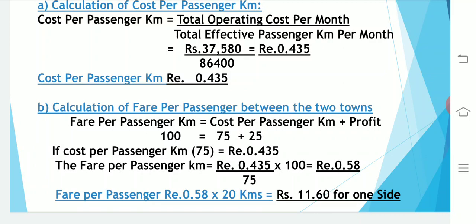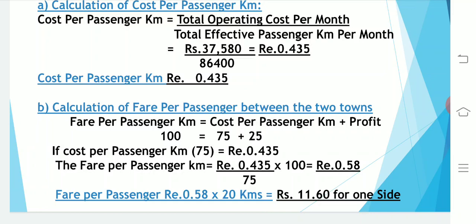Next we will calculate the fare per passenger kilometer between two towns. The fare includes the cost as well as profit. Let the fare be 100 and the profit, which is given, be 25. The difference is nothing but the cost per passenger kilometer, so that is equal to 75.